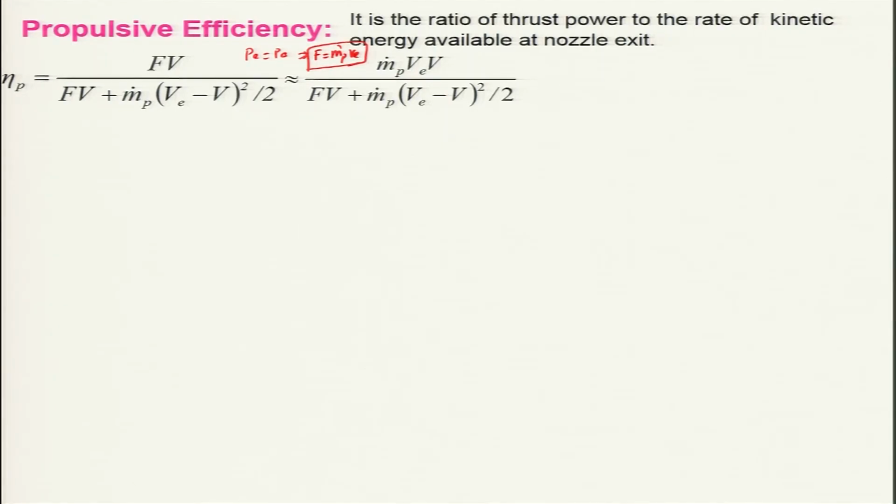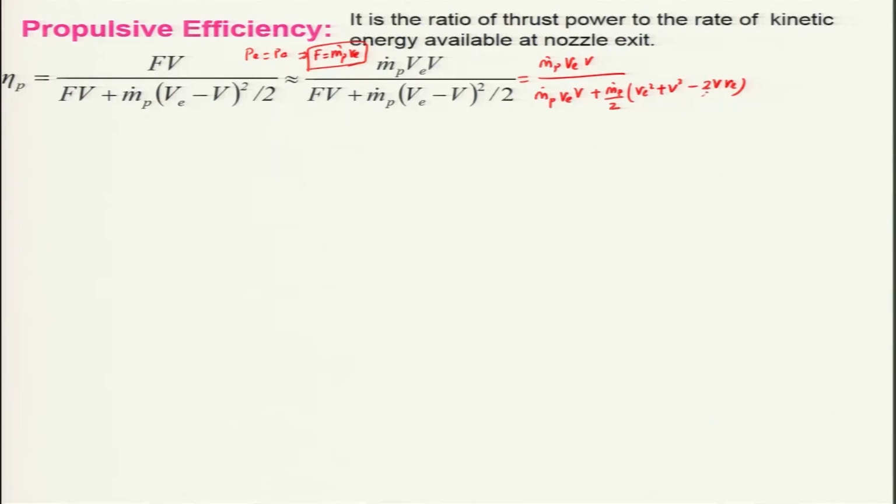Now if you simplify this, we will get m p Ve V divided by m p Ve V plus m p divided by 2 into (Ve square plus V square minus 2 V Ve).